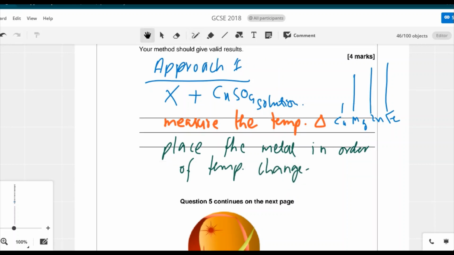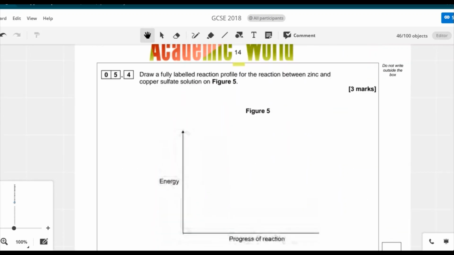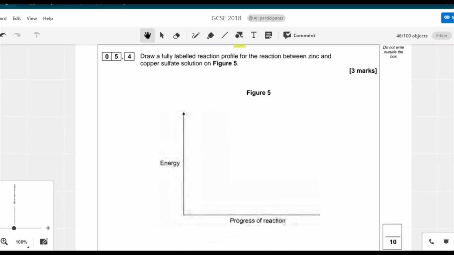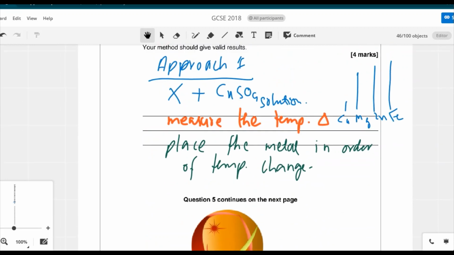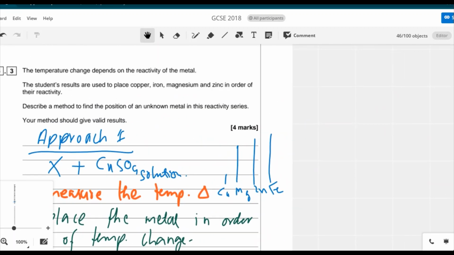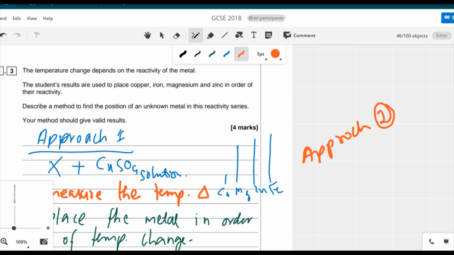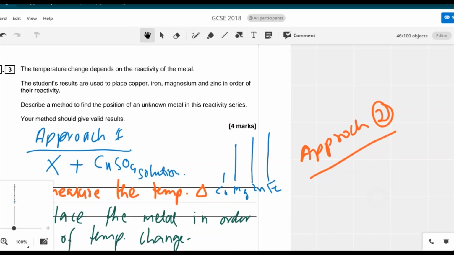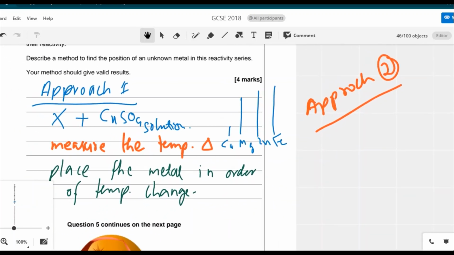Okay, now 5.4. That is approach 1. So it means we can use approach 2 as well. Here I'm going to give you a hint. In approach 2, like in 5.3, the approach 2 is about adding metal to the salt solution.